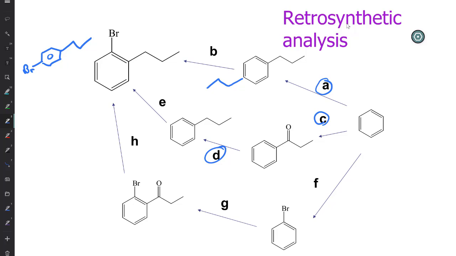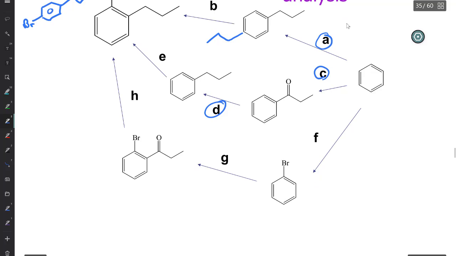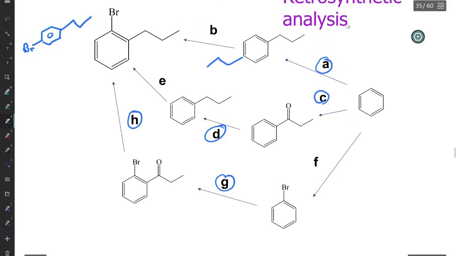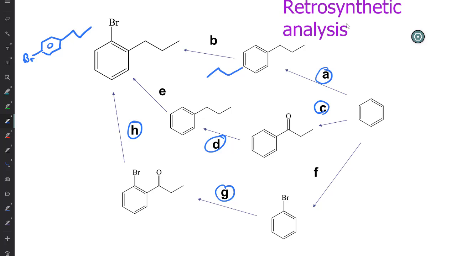We'll talk about how you can resolve some of that problem. Now, you can also do it with F. In F, you do the bromination first, then in G you do the acylation, and then the reduction of the side group to form the desired product. But again, you have that same issue.